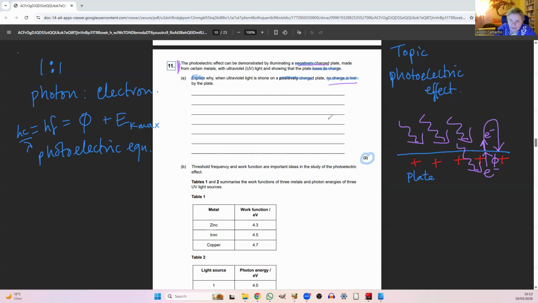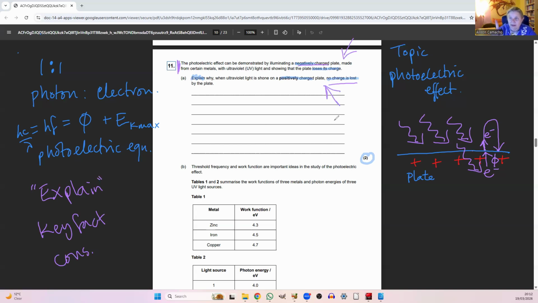So, and that's why, okay, so we've got to explain this. Okay, remember the structure of an explain answer. Explain is key fact, consequence. Right, now, what is the difference between when it does lose charge and when it doesn't lose charge?